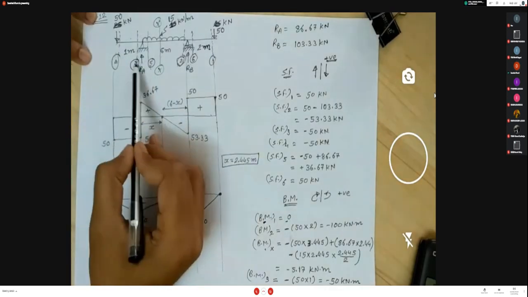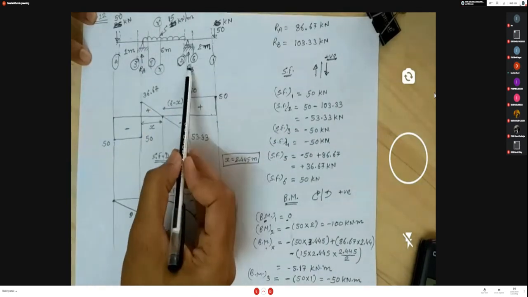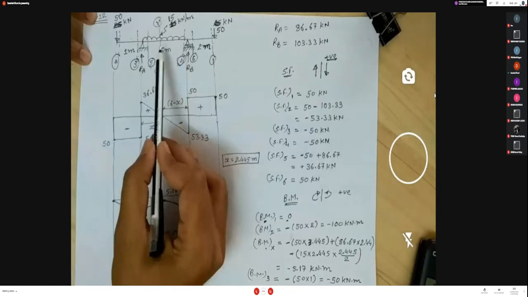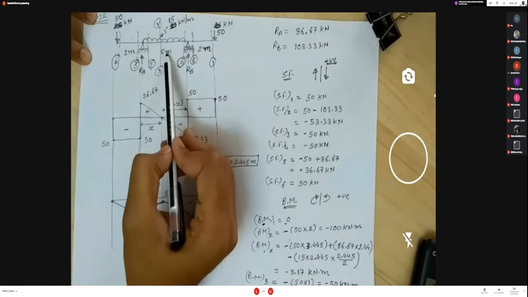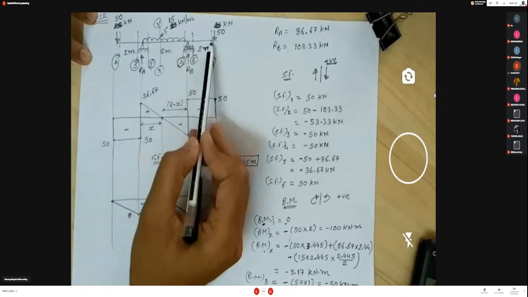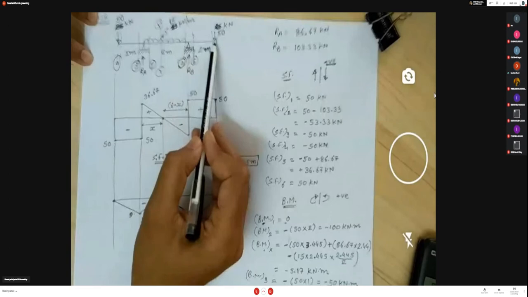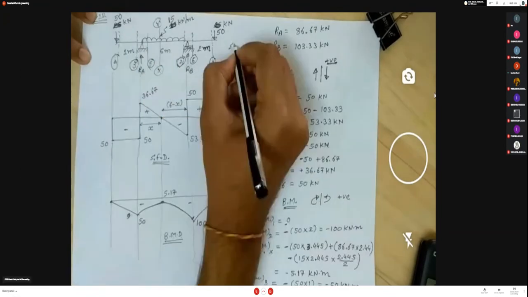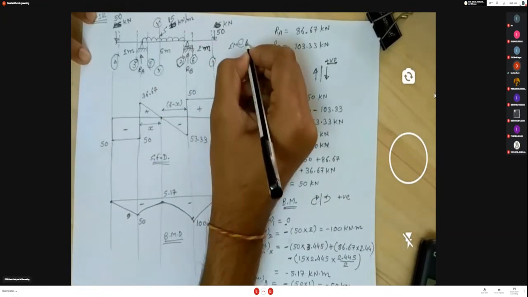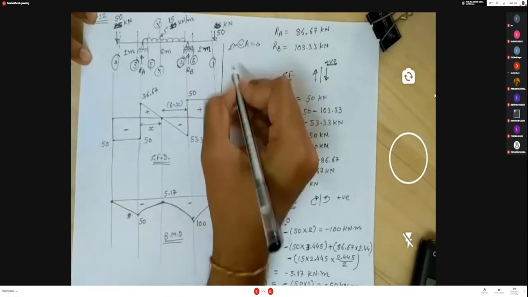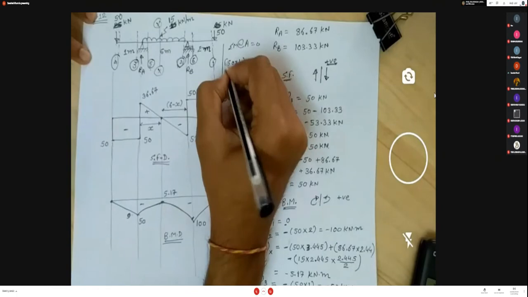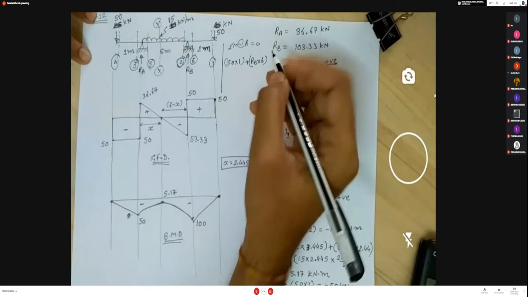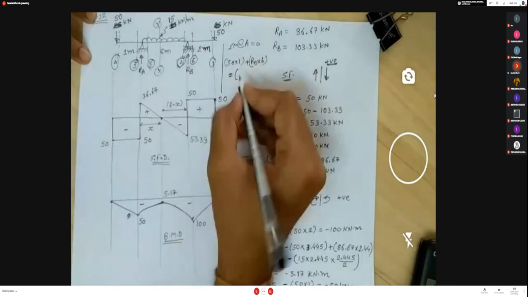Consider the moment. 15 into 1 anti-clockwise, RB into 6 anti-clockwise is equal to 15 into 6 into 6 by 2 clockwise plus 15 into 6 plus 2, which means 8, clockwise, about point A. Consider the summation of moment about A equal to 0. 15 into 1 anti-clockwise plus RB into 6, this anti-clockwise is equal to clockwise.